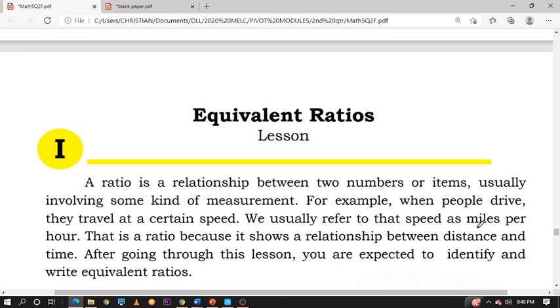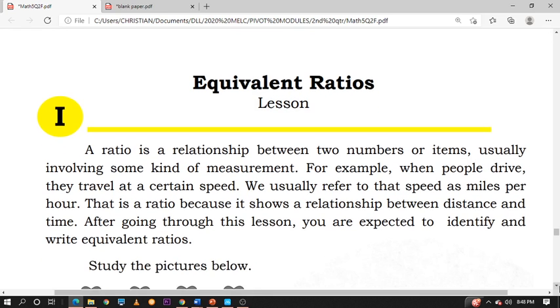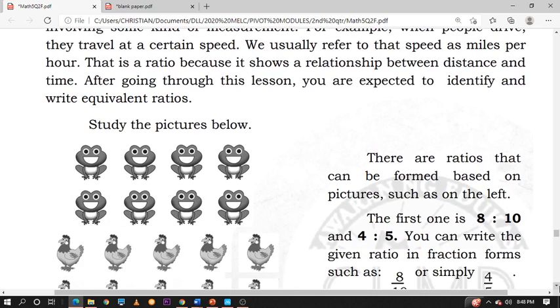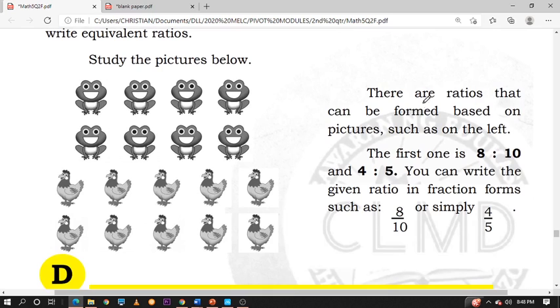After going through this lesson, you are expected to identify and write equivalent ratios. Let us study the pictures below. There are ratios that can be formed based on the pictures. The first one is 8 frogs: 1, 2, 3, 4, 5, 6, 7, 8. And the chickens are 10.